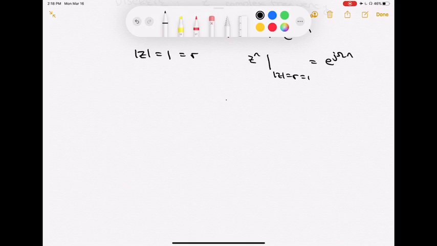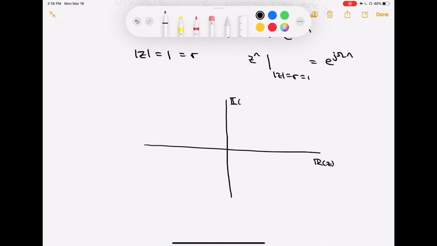I'm going to go ahead and look in the complex z-plane then, the complex frequency plane for discrete variables. So we've got our z-plane in here. We could still look at the horizontal axis as being the real part of z, and the imaginary axis as being the imaginary part of z. And what do we know? In polar form, r just tells us the distance from the origin. So if we're fixing that to be 1, we're looking at the unit circle.